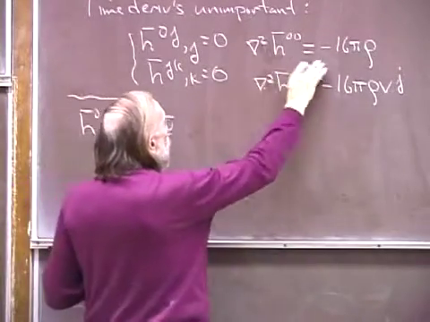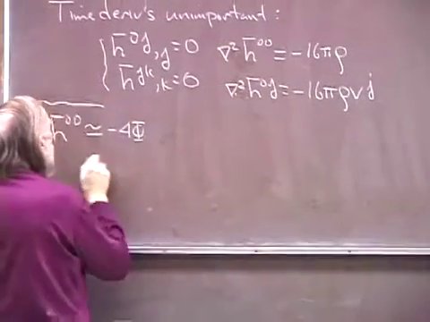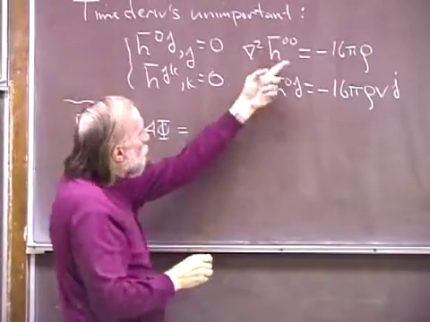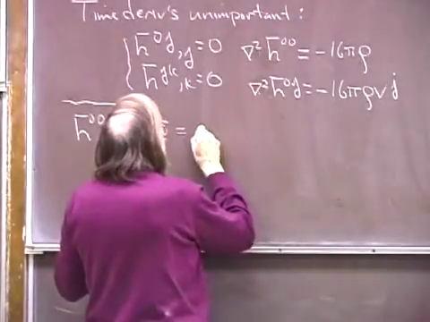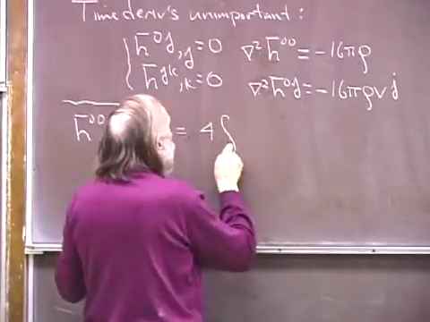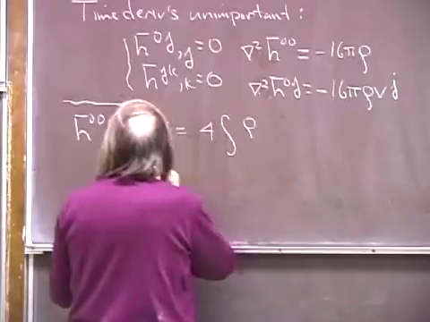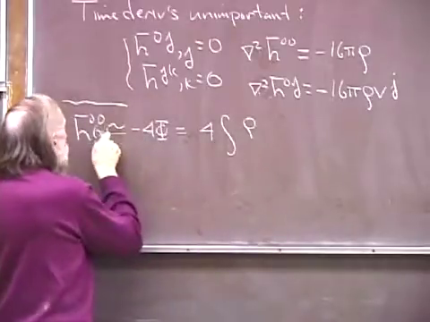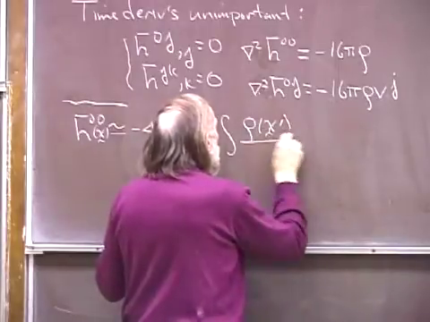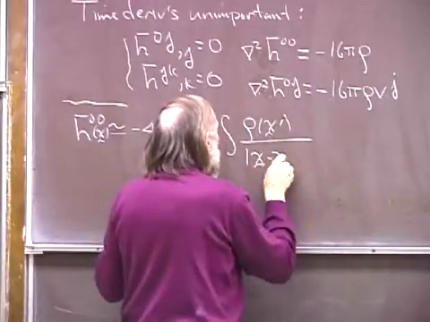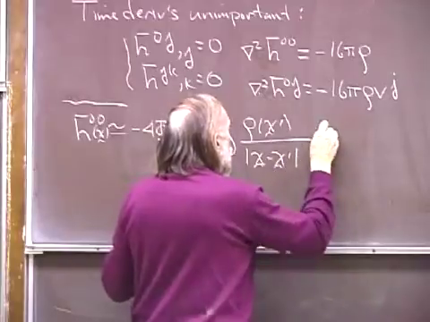And the solution of that wave equation is that h bar 0, 0 then is equal to 4 times an integral of, this is at some location x, 4 times the mass density at location x prime divided by the magnitude of x minus x prime, d3x prime.